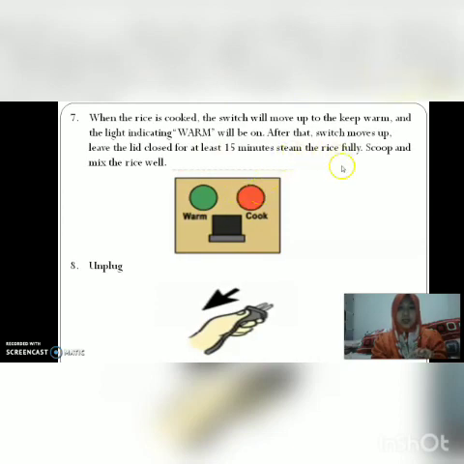After that, the switch moves up. Leave the lid closed for at least 15 minutes. Steam the rice fully. Scoop and mix the rice well. Yeah, like this. And the last one, if you finish cooking the rice, you can unplug the power contact. Okay.